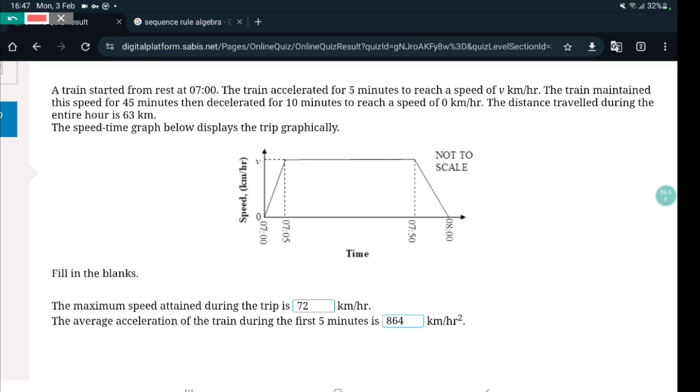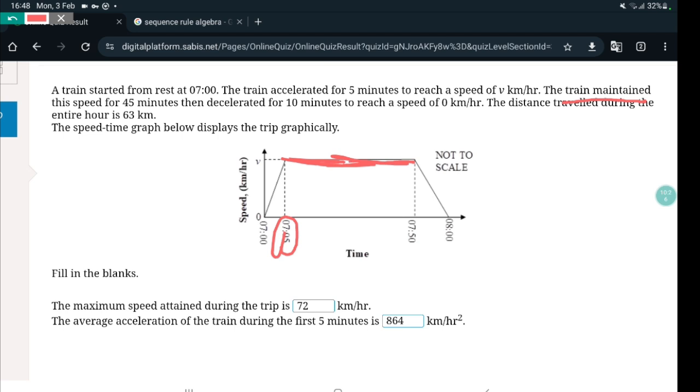So, we have the first base. What's the value? They said here it maintained this speed, the speed that's here. Look, the train maintained at 7:05. Like it said after 5 minutes, so it's 7:05 to reach a speed that it stayed at the whole time.